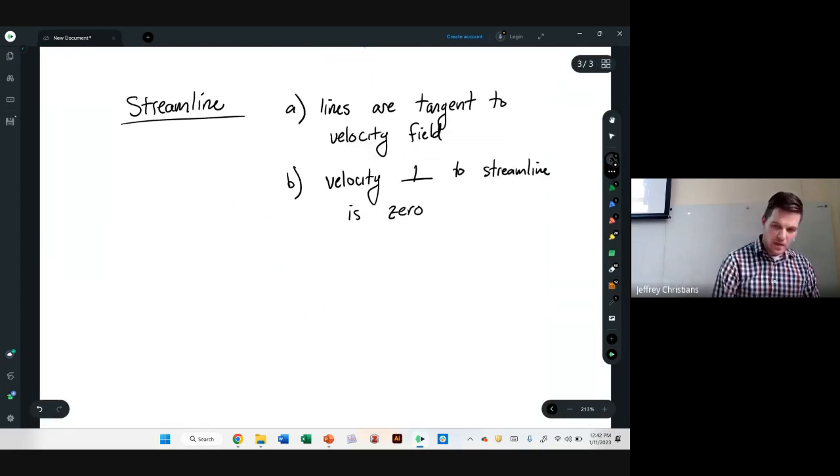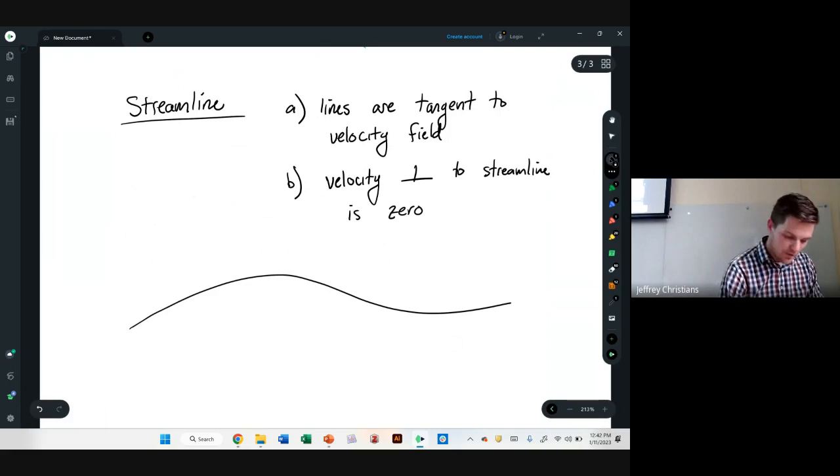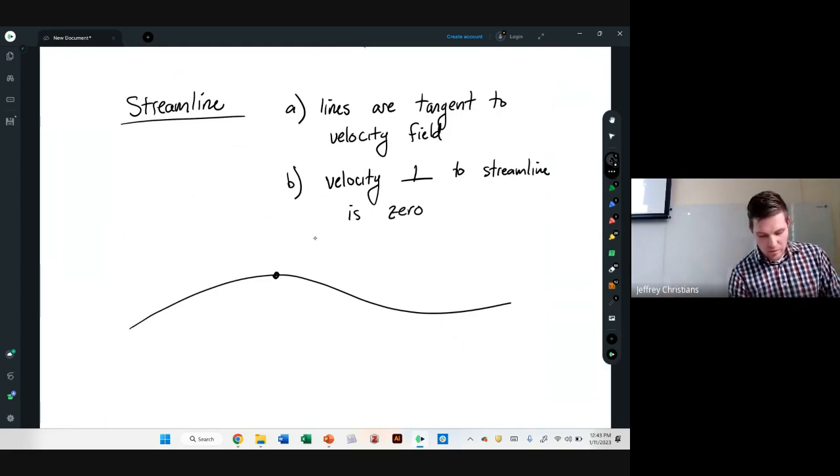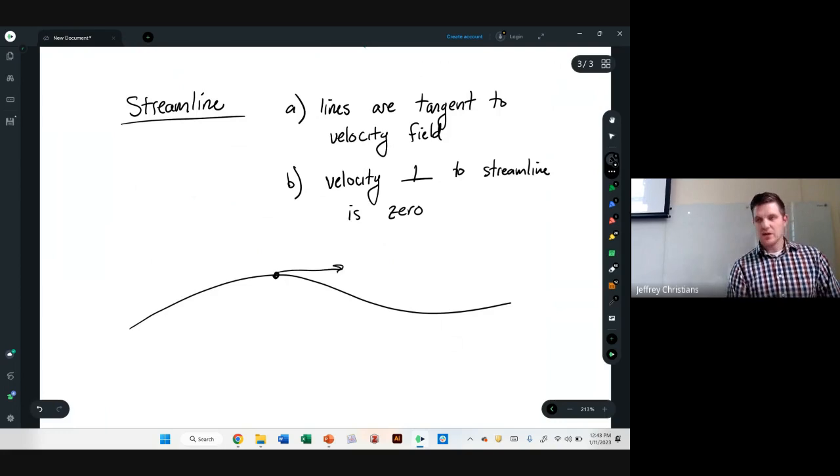So if we had a streamline that did, say, something like this, at any given point, streamlines aren't going to tell us the magnitude. They're not going to tell us speed. They're only going to tell us direction. So this would be the direction at that instant. At this instant here, the direction is, again, tangent to the velocity field. Over here, again, tangent to the velocity field.